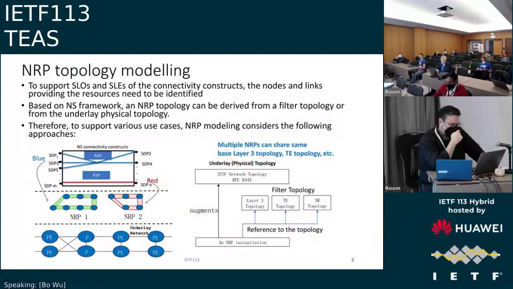So we think that each NLP can have its own customized topology to support different connections. That's the difference from the NLP policy, because the NLP policy seems to only use the filter policy to the network controller instead of these customized nodes and links to the controller.